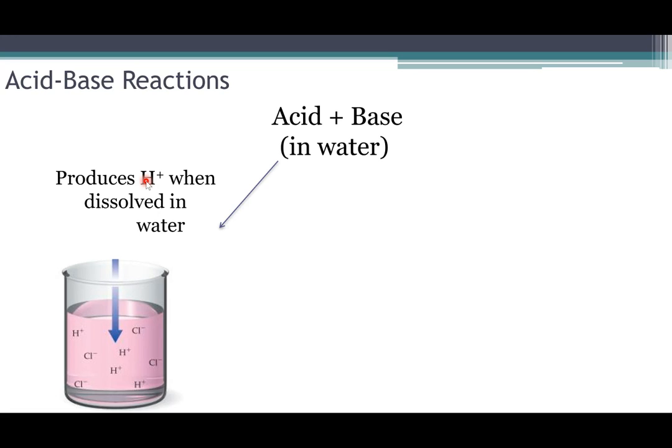So that's going to be one of your indications that that is in fact an acid, because many acids begin with the letter H. So the classic example here that you see is hydrochloric acid, HCl. So that H is going to dissociate or break apart from the chlorine. So there's our hydrogen ions. That's how we recognize an acid.